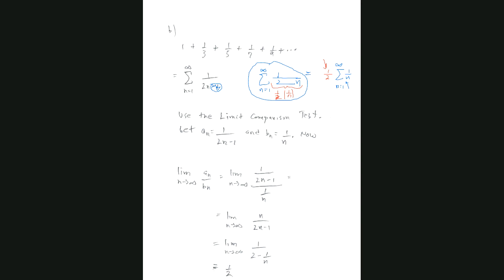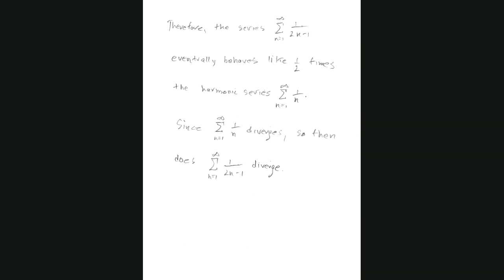Well, what it means is this. The series that we're interested in eventually behaves like 1/2 times the divergent harmonic series.